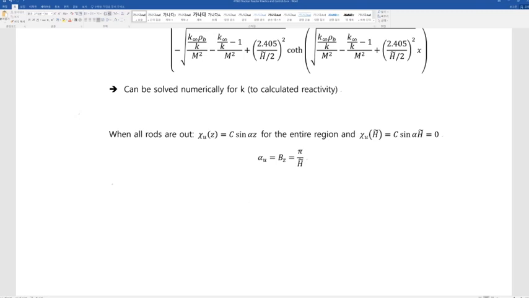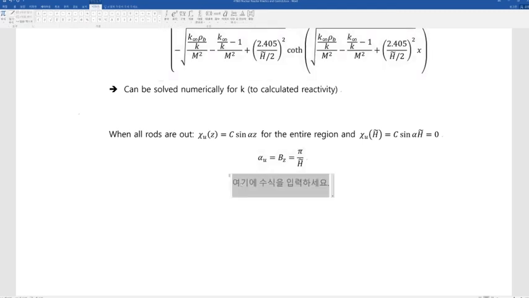So the multiplication factor for this case, k of unloaded case.